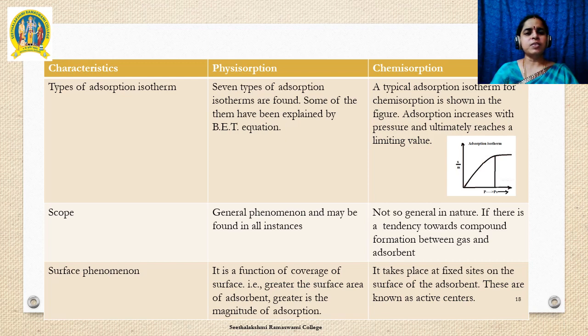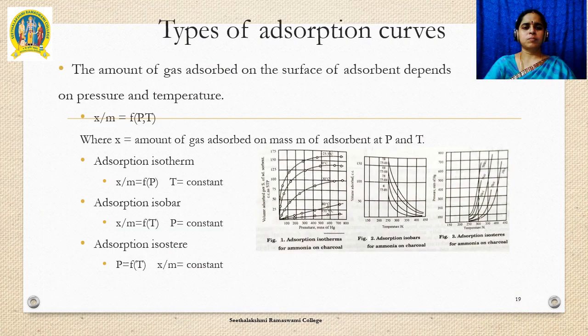That is, if the surface area increases, physisorption also increases. Whereas in the case of chemisorption, there are specific sites which are called active sites. These active sites will adsorb the adsorbate and execute the process.